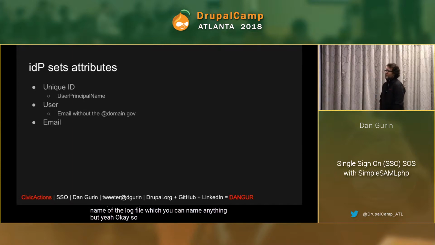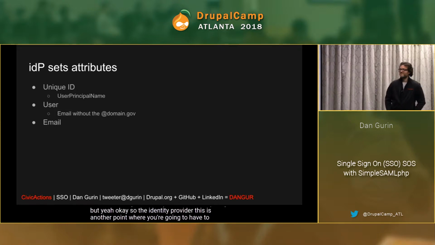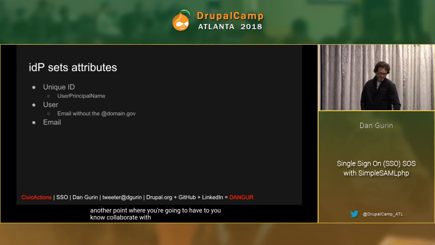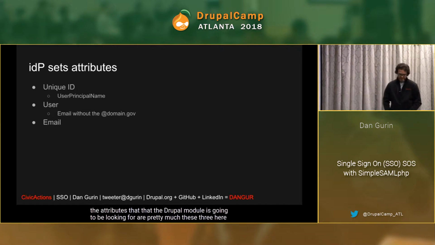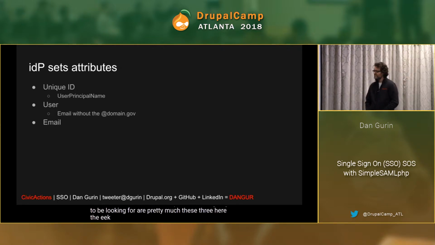Okay, so the identity provider, this is another point where you're going to have to collaborate with the people on the other side there. They're going to set the attributes, and the attributes that the Drupal module is going to be looking for are pretty much these three here: the unique identifier, the user, and the email.